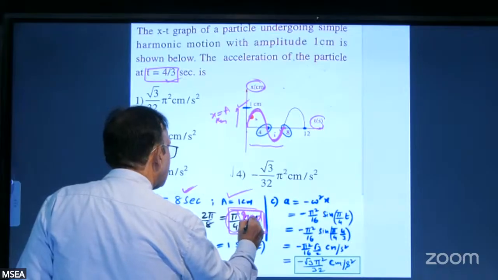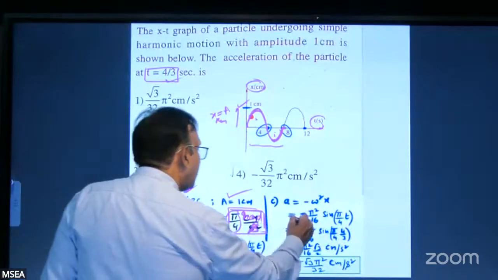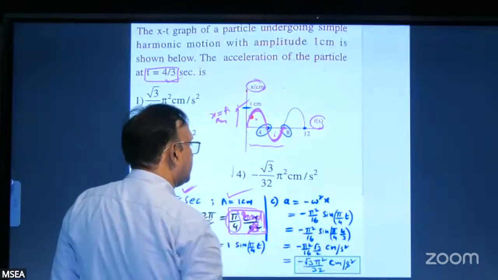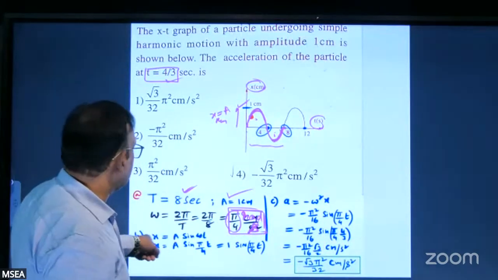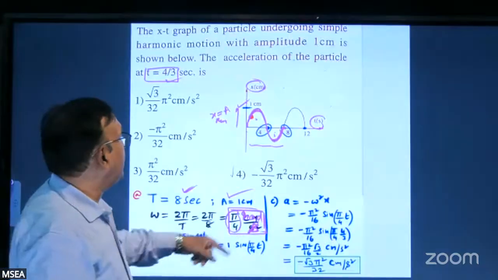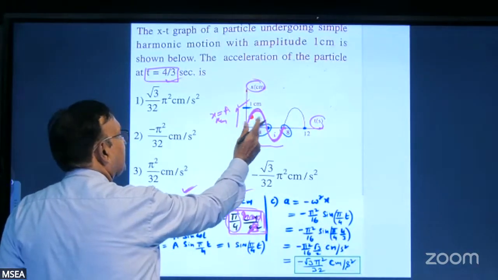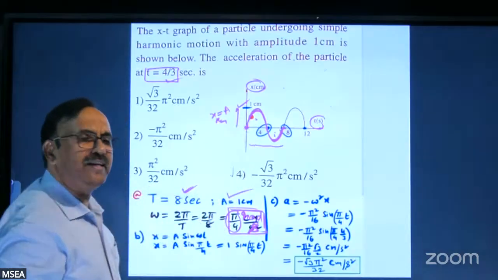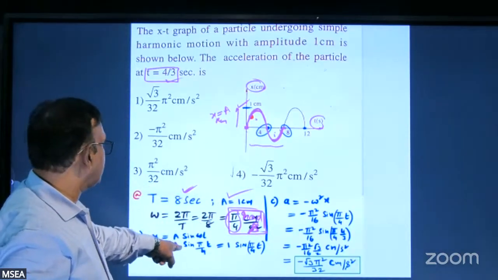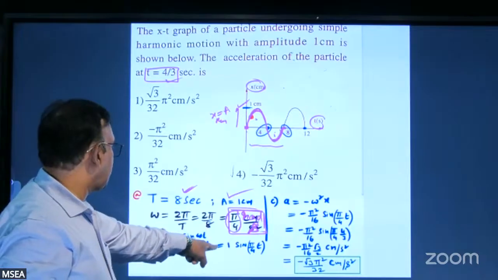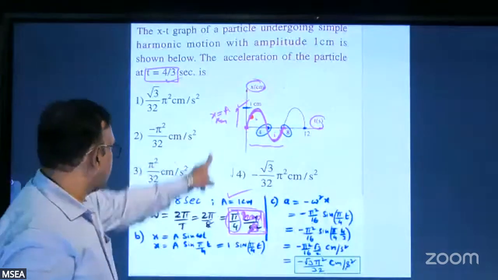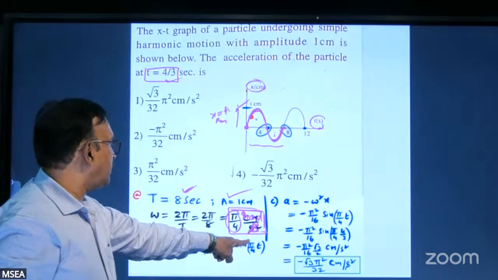Omega square means π² by 16. What is x? x is equal to A sin ωt. At t = 0, the body is at the mean position, x is 0. Then naturally x is A sin ωt, with ω = π by 4 and amplitude 1, so x = sin(π/4 t).